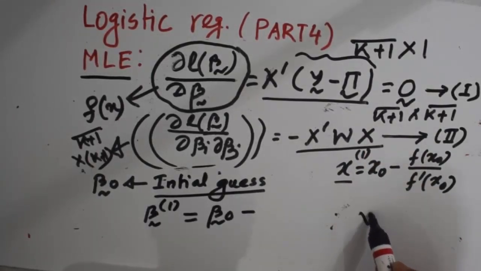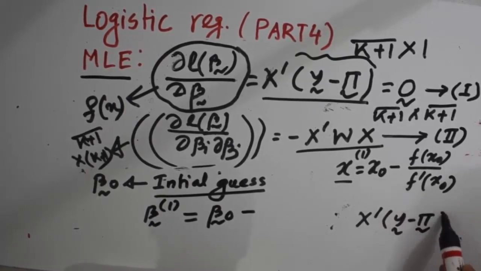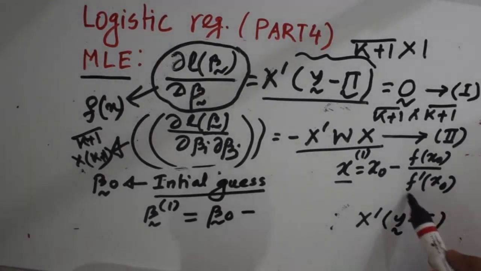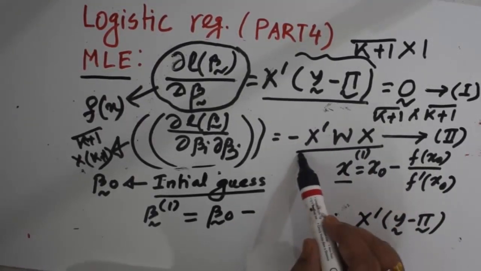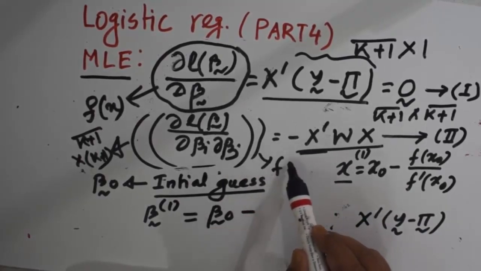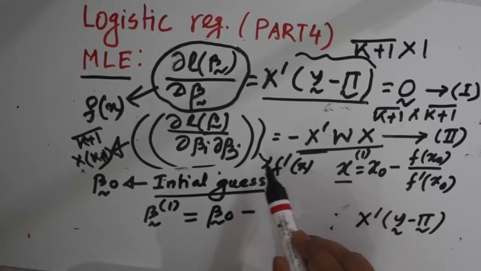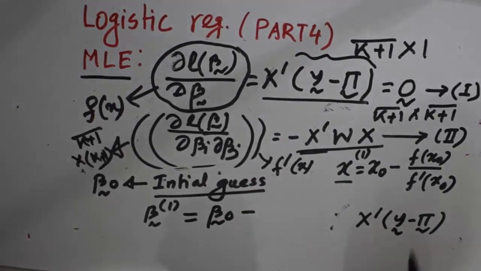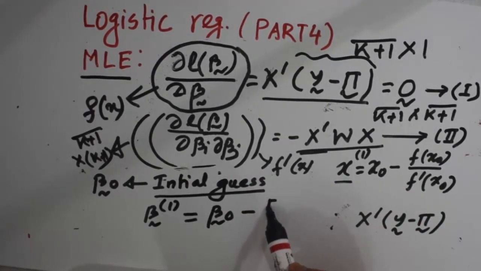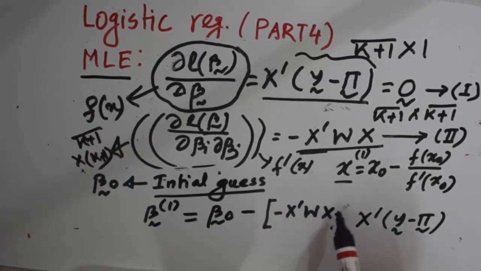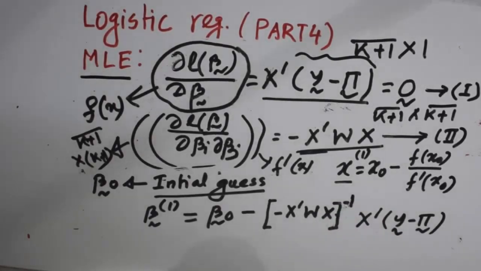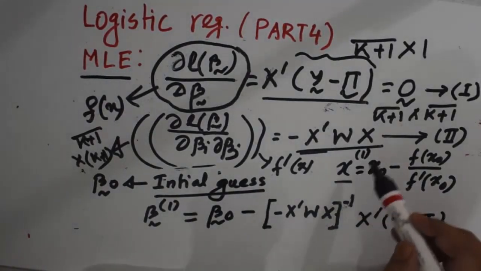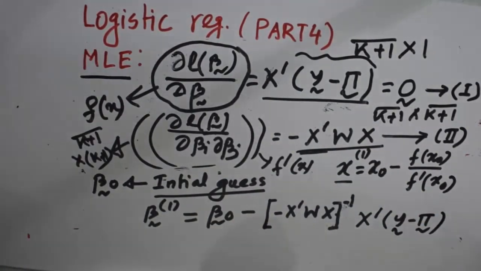Since it is a matrix, this is nothing but f dash x, so it should be minus X prime W X inverse, because this is a full rank matrix, so it is invertible.